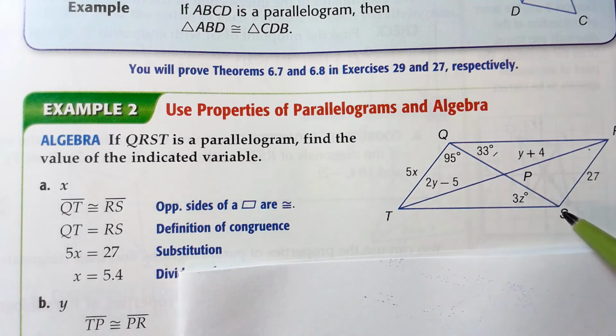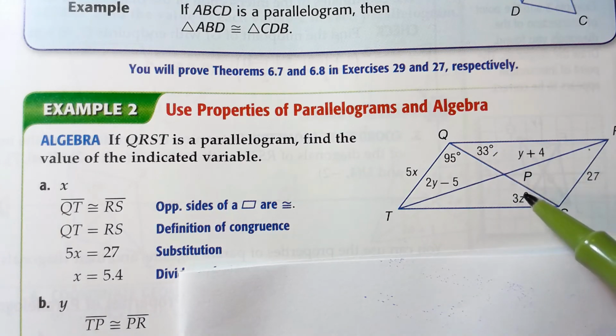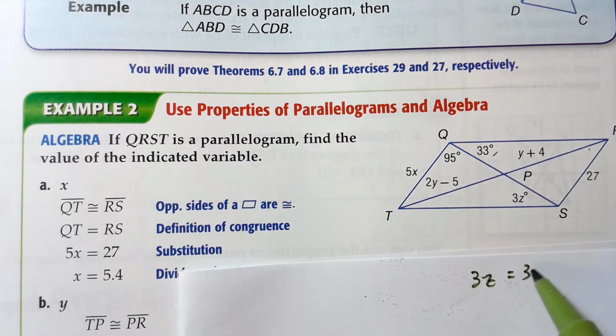And by the way, if this is 3z, since these diagonals are going to bisect the angle, or I'm sorry, no it's not, my bad. This angle and that angle are alternate or opposite angles. So all I have to do is say 3z is equal to 33, so z is equal to 11.